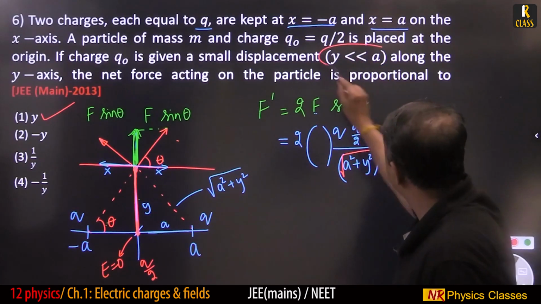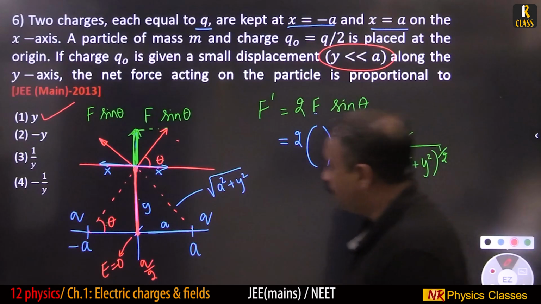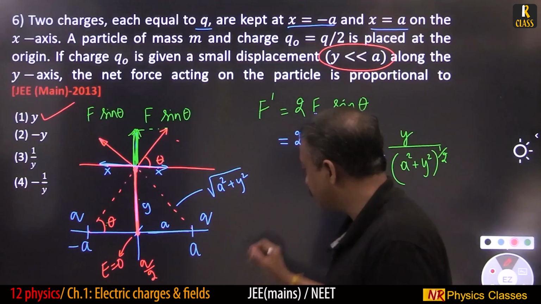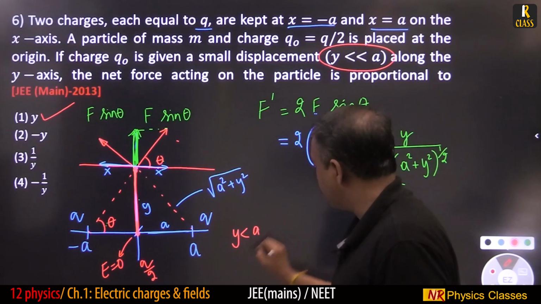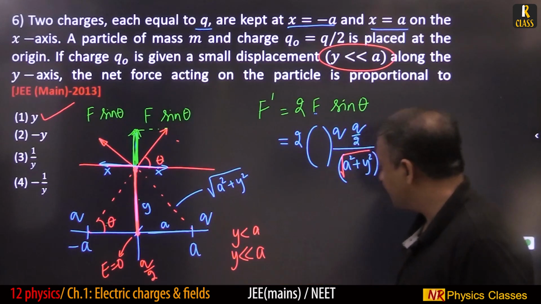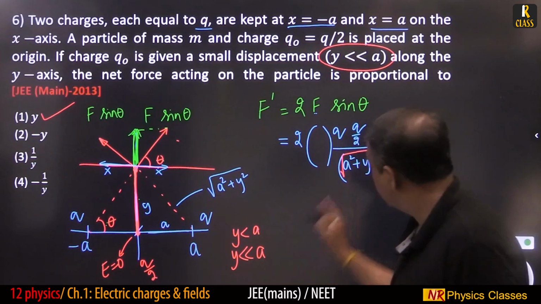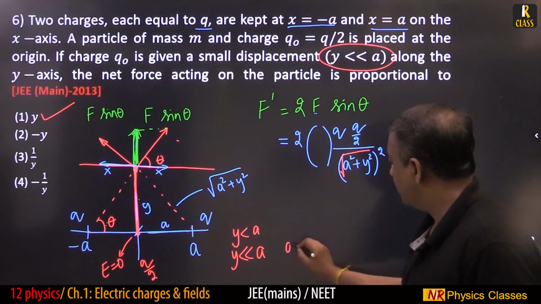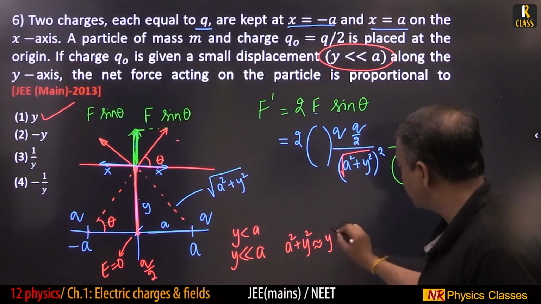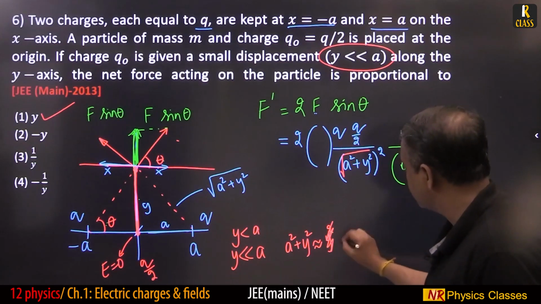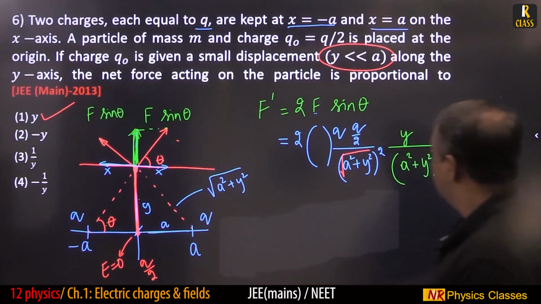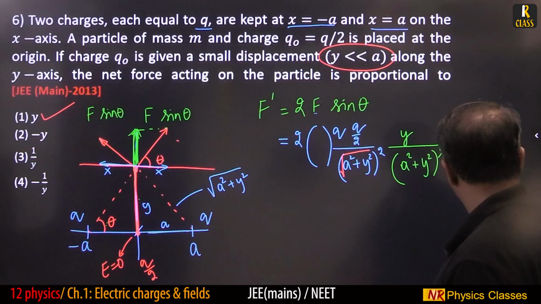Now there is a catch. This displacement should be very small compared to this displacement, not just small. This is different, right? y smaller than a, y much smaller than a. If y is much smaller than a, then a square plus y square is approximately equal to a square. You can neglect y. Now observe the equation carefully.